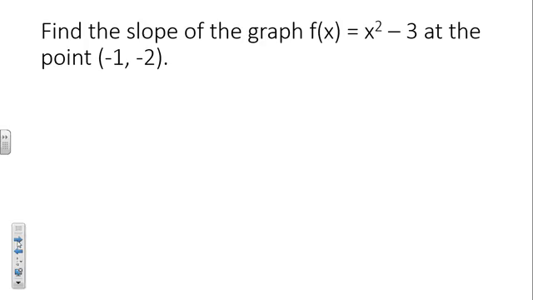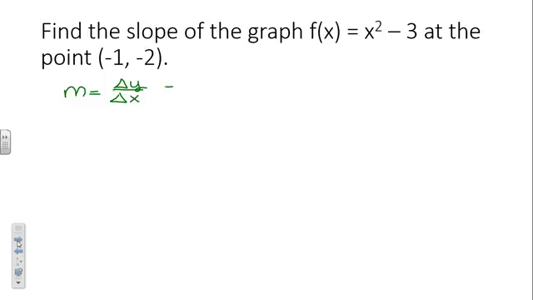So we want to find the slope of the graph of f of x equals x squared minus 3 at the point -1, -2. So our slope formula was what? Change in y over change in x, right?